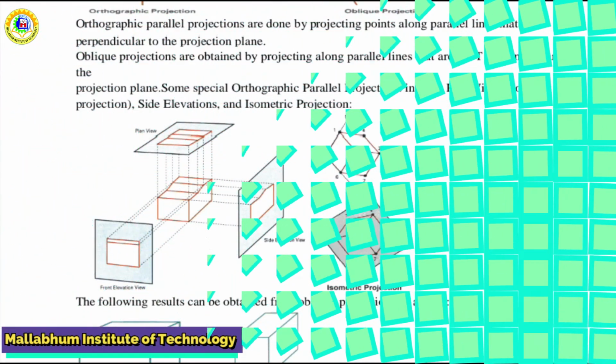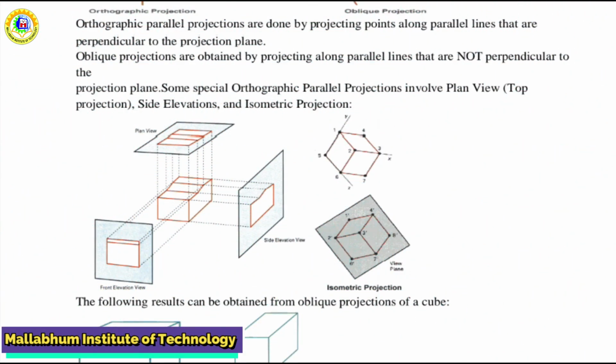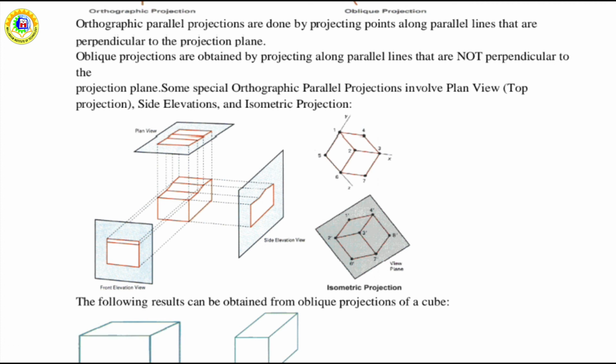Here we are seeing an isometric projection of a cube. The isometric projection is obtained here by aligning the projection vector with the diagonal of the cube, right? Now there are 8 positions, one in each octant, for obtaining an isometric view.